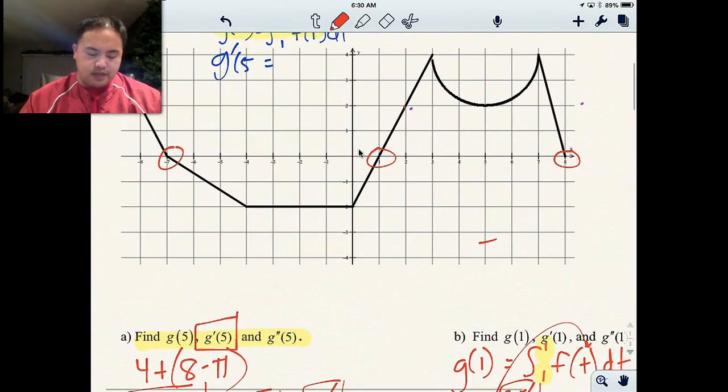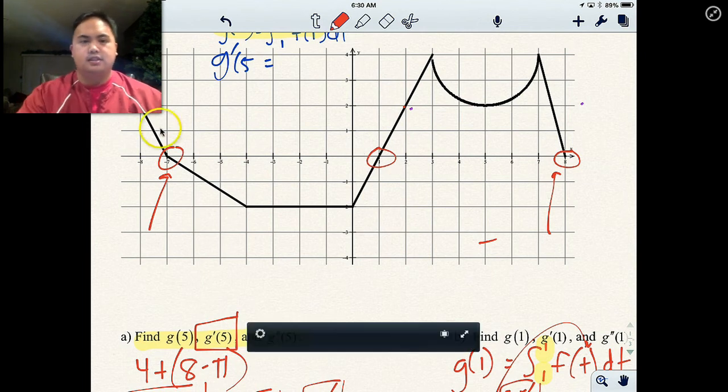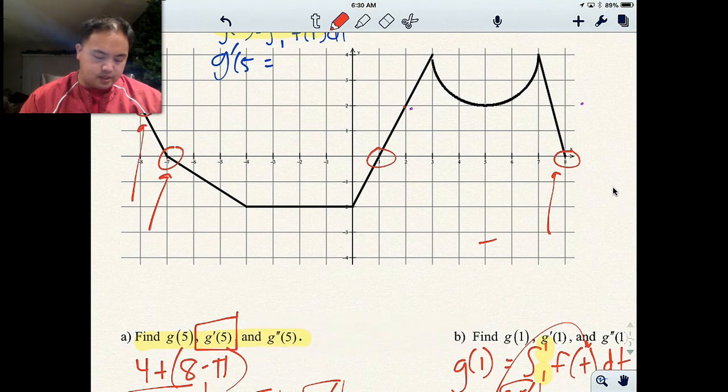I go from positive to negative here, and possibly there. Remember, in absolute max and min, it could occur at any of these points, or at the endpoints. Remember, my endpoints are negative 8 and 8. So I have a couple of numbers to test here.